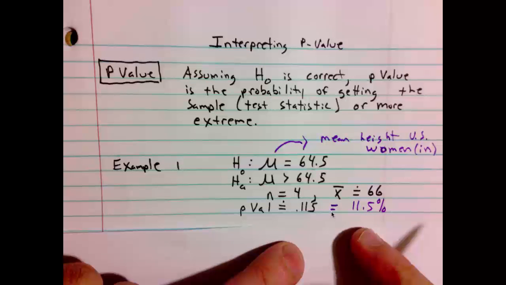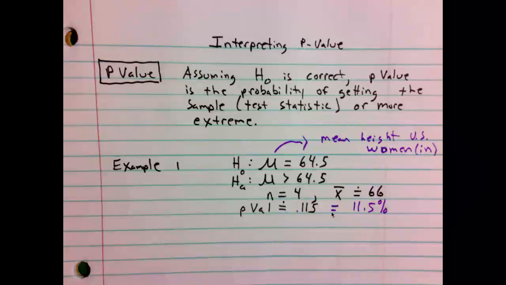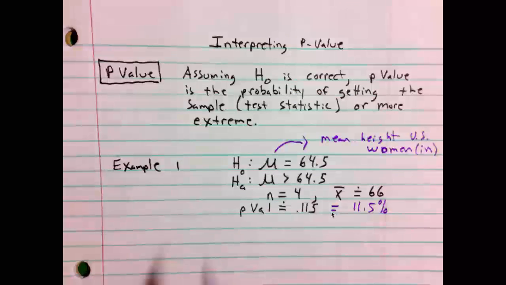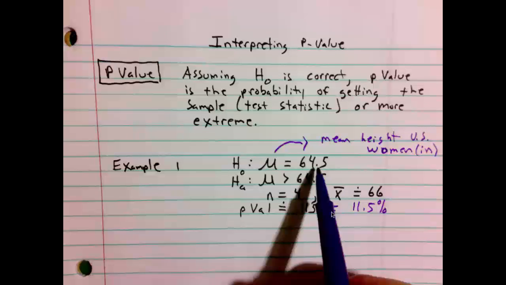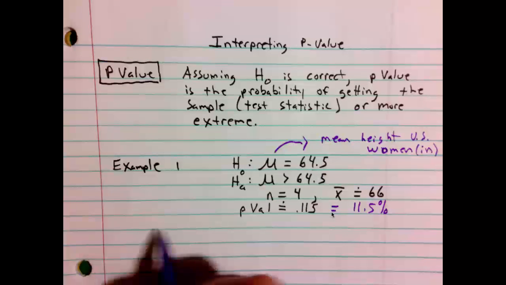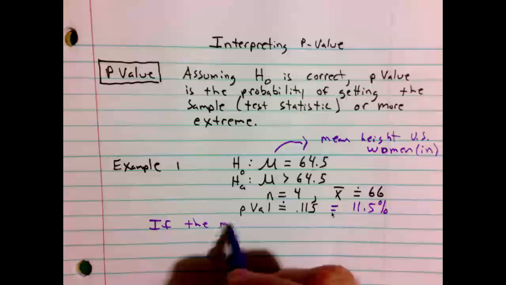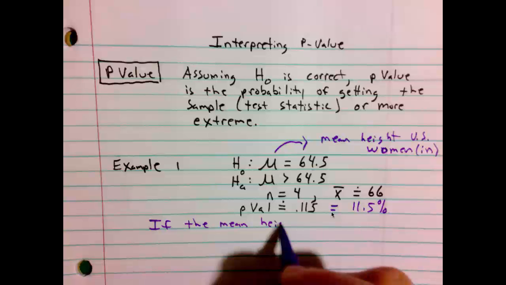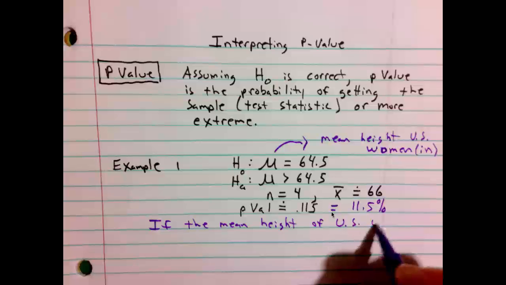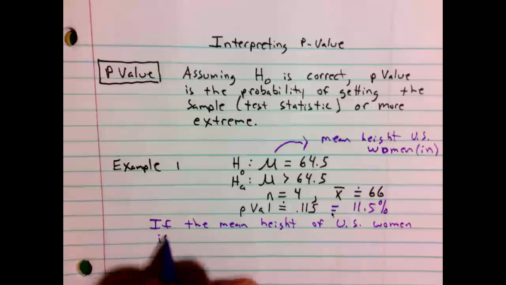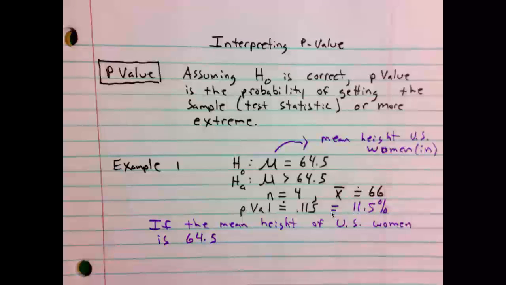What does this mean in this context? Well, I'm simply going to fill in the blanks here. Assuming H naught is correct, so in our context, assuming the mean height of U.S. women is 64.5, and what I don't have here is the standard deviation of 2.5.